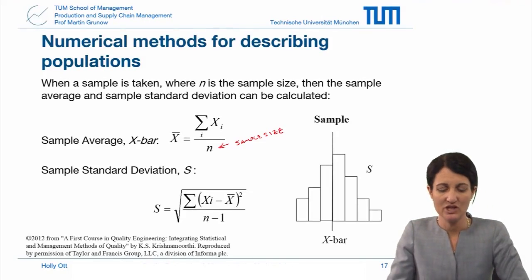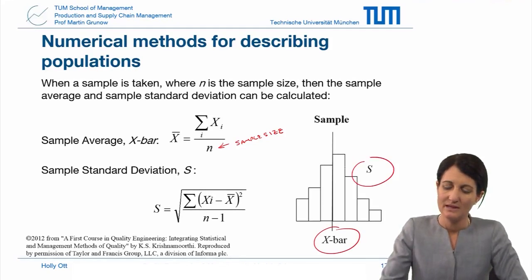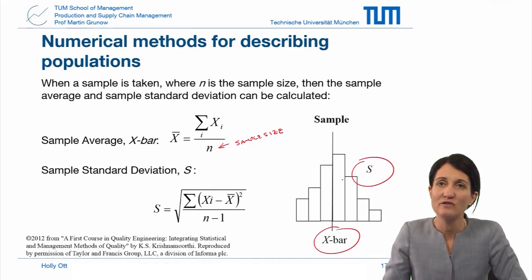The sample standard deviation, or S, is the square root of the sum of the square difference of all the observations in the sample divided by N minus 1. And again, these two give us a measure for the variability and the center point of our sample data.